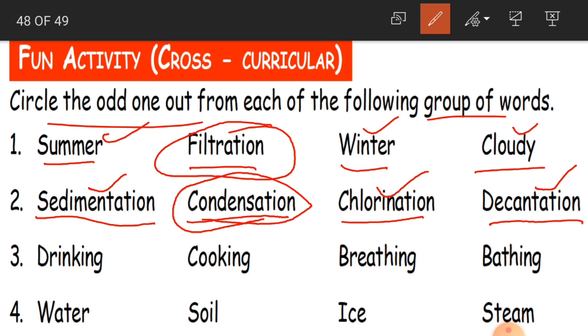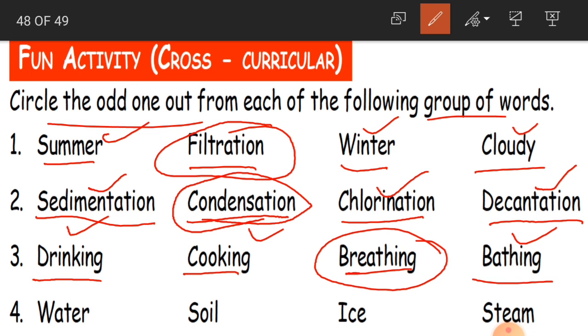Clear, children? Now the third one is drinking, cooking, breathing and bathing. Drinking, cooking and bathing, for these 3 we use water but not for breathing. So that is why breathing is the odd one. Clear?